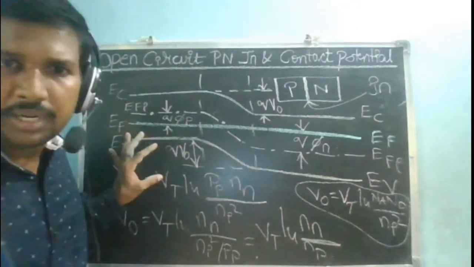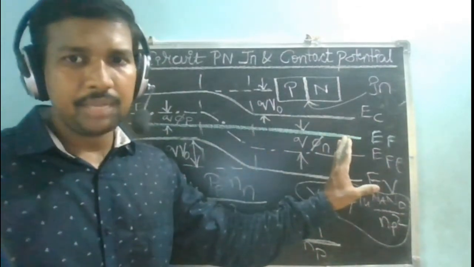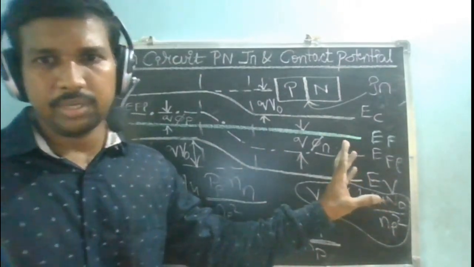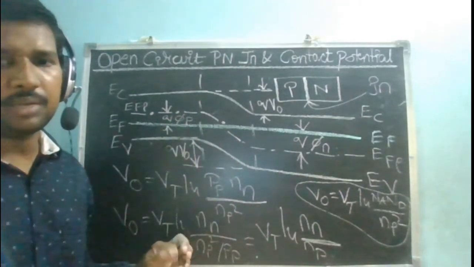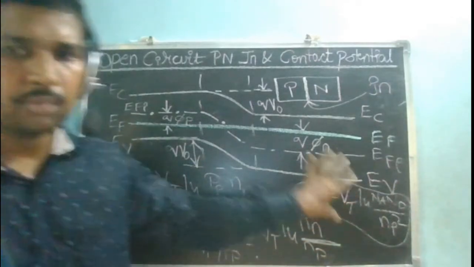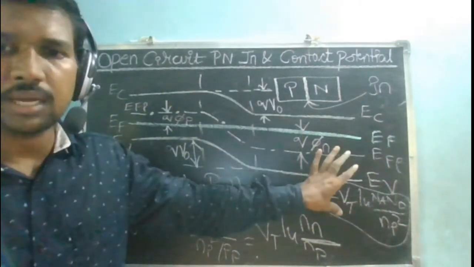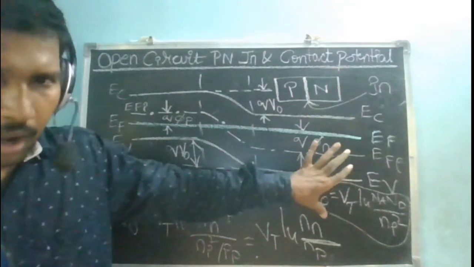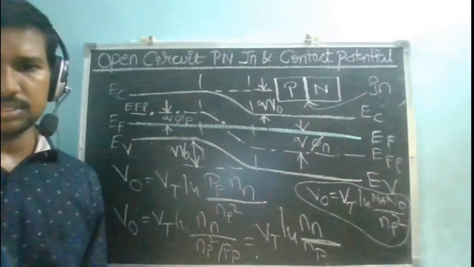In p-type semiconductor, is there a built-in potential? No. In n-type semiconductor? No. But when I join the junction, a built-in potential appears. How has it arrived? Because the holes have moved from here to here and electrons have moved from here to here. So the holes here and here, or the electrons here and here, are making the built-in potential.